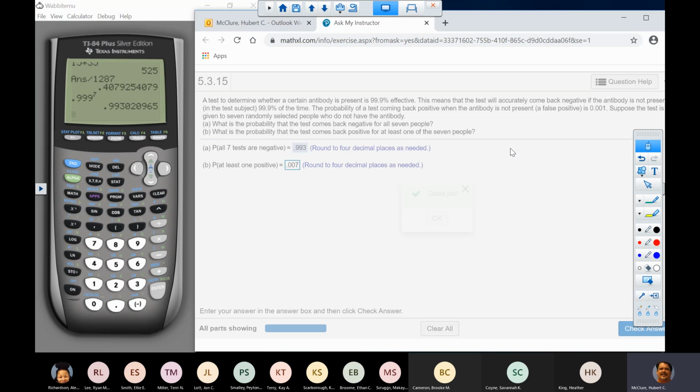That's it. Where did you get that from? Peter? What's the complement of 0.993? What's the probability? 0 to what? What does probability go up to? 1. So subtract it from 1. So what is 1 minus 0.993?